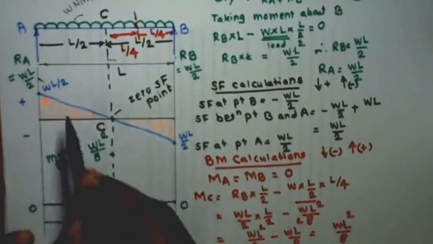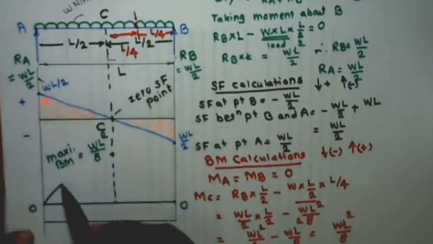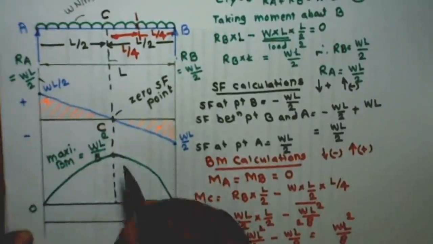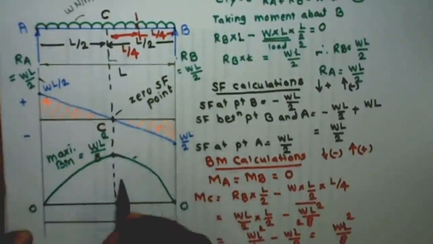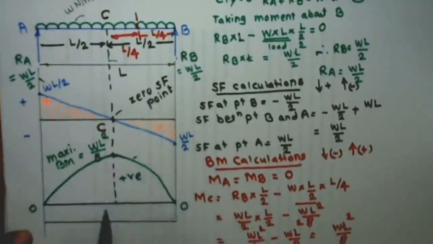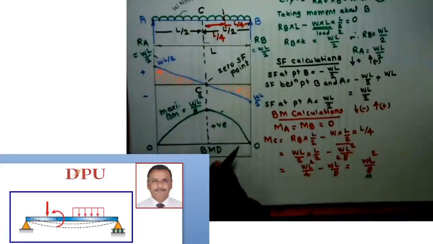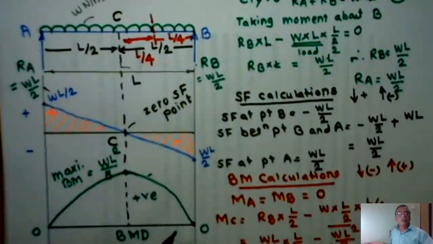In that case UDL is there, so we have to join these points by a smooth parabolic curve. So this is the positive bending moment diagram. I hope you understood all these two concepts when the beam is subjected to point load as well as uniform distributed load.